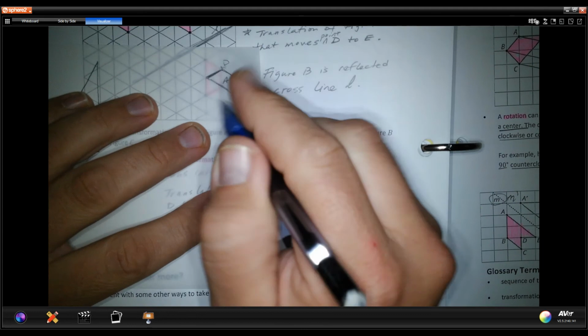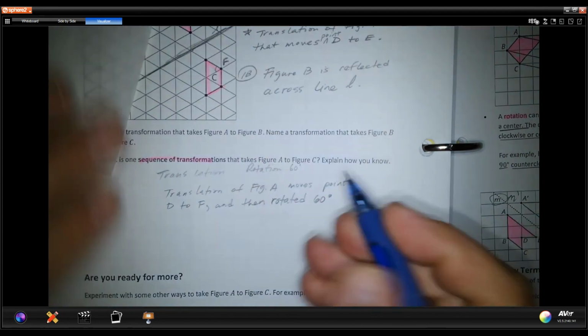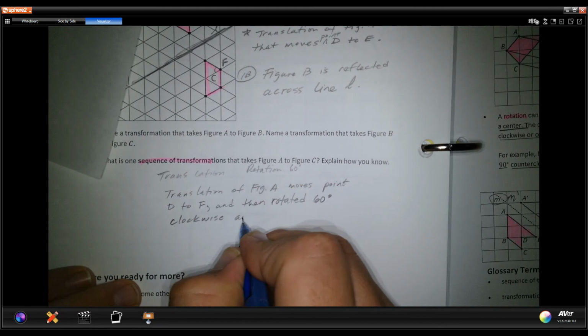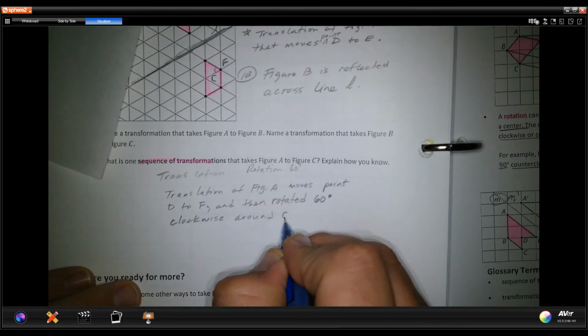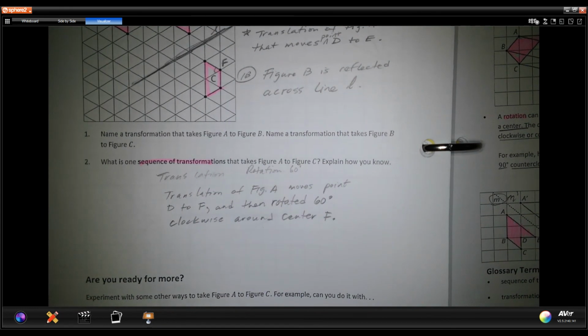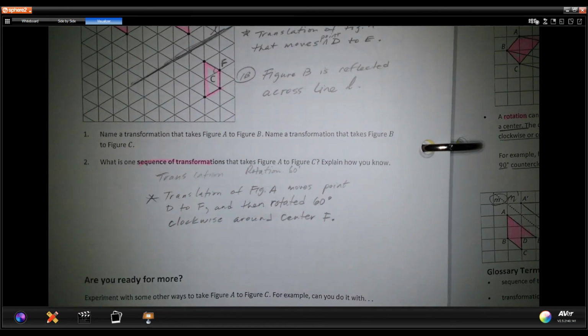And our direction was clockwise around center F. And that would be a fantastic description for where we're at.